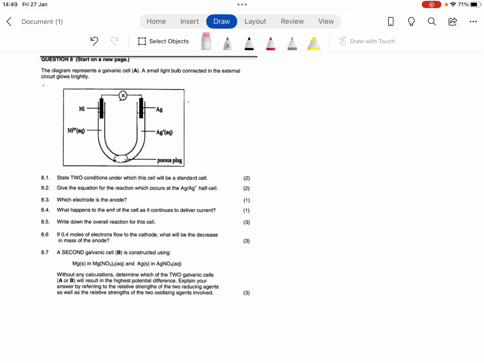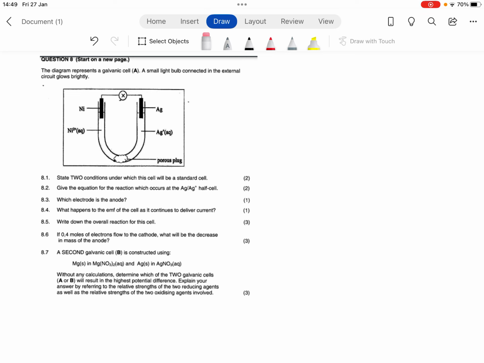Okay, and because it has a higher oxidizing ability, it's going to be reduced. I'll repeat that. Because silver is higher up on the table, it has a higher oxidizing ability than nickel, and therefore will be reduced.